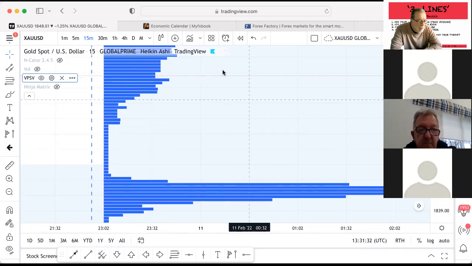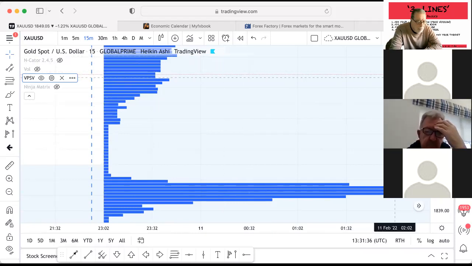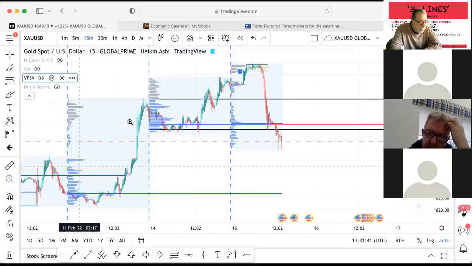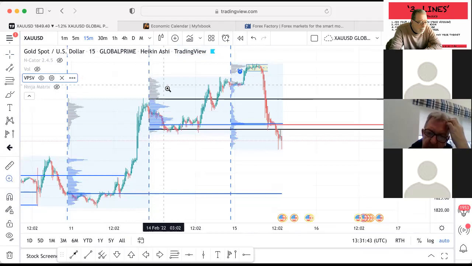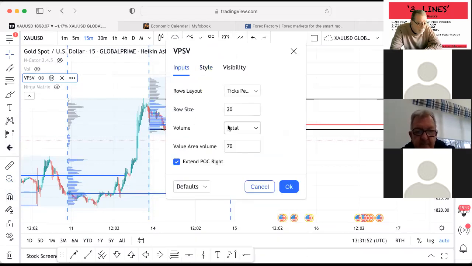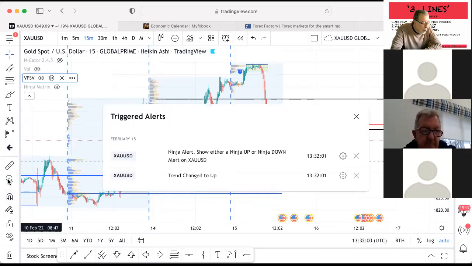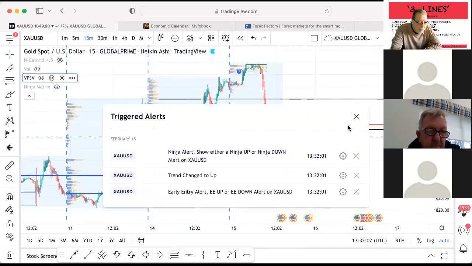I can probably do that if I go into inputs, and instead of total, if I put up and down, and then go back to zoom in on that area.